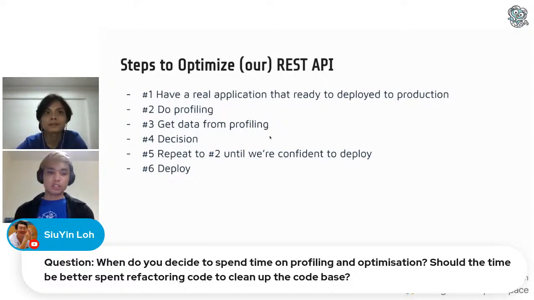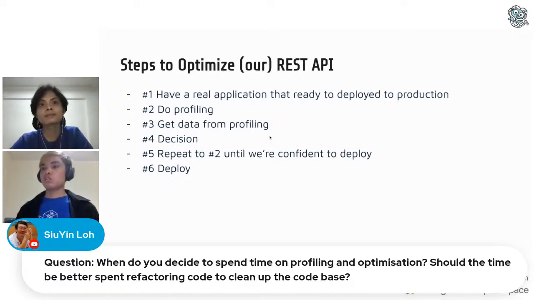So when to decide to spend time profiling? Before you deploy your application to production, maybe between after QA and deployment. After we do QA or testing in staging and we want to release to production, that is the time you need to do profiling.